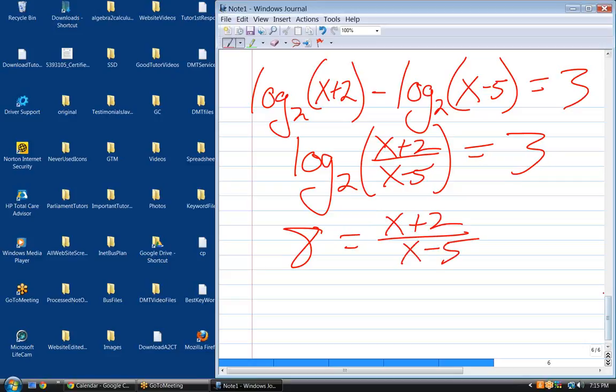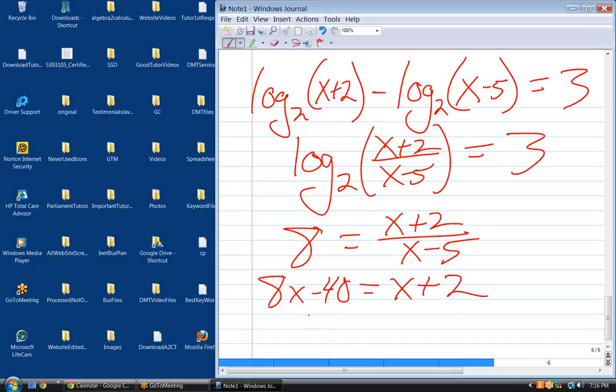Now let's go ahead and go to the end, because the key part on all of these is making sure that we don't violate domains. So what's the next line? 8 times x minus 5.